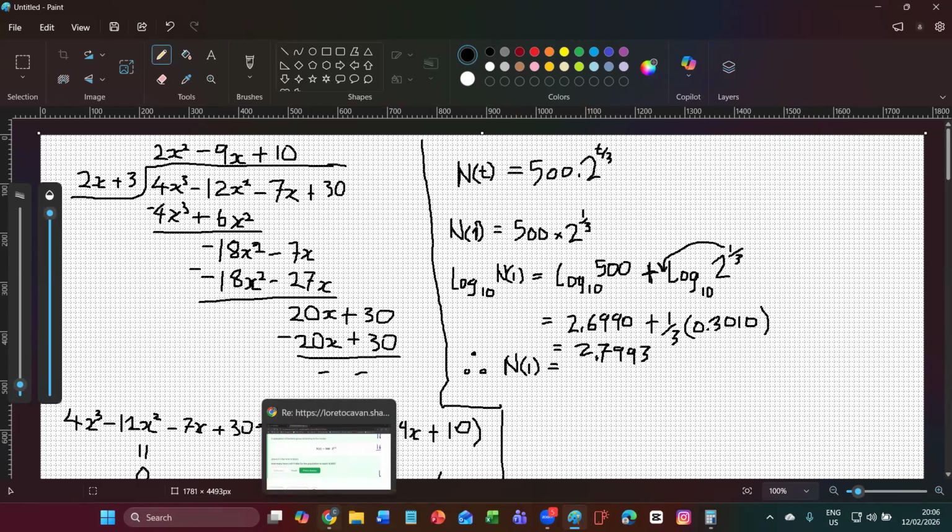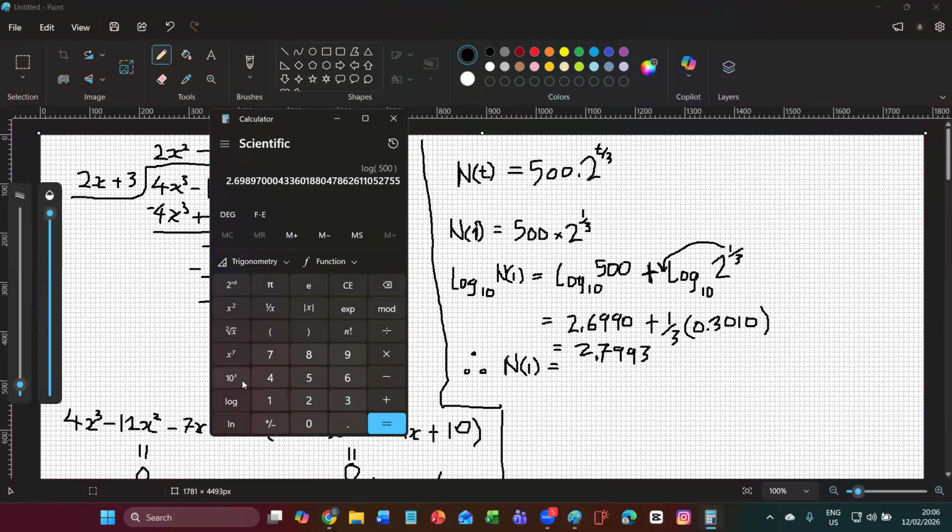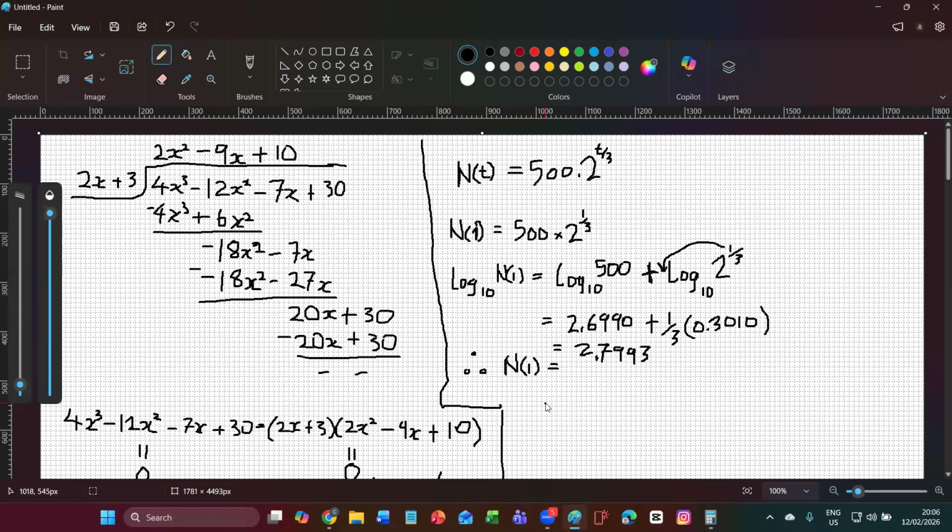You can use the second function to access it, the key that says 10 raised to power x. 10 raised to power 2.7993 is 629.9411. Let's say point 9, which we can approximate to 630.